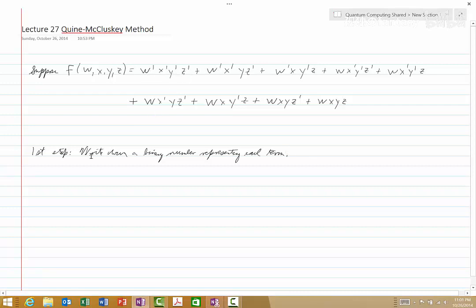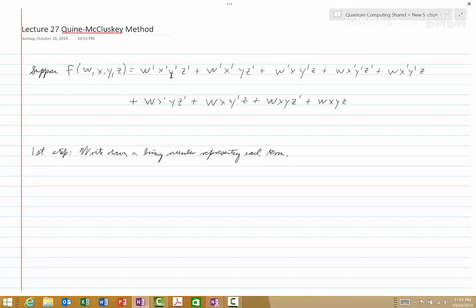And so really, even prior to this first step, you want to make sure that your function is expressed as a sum of min-terms. And if you have some terms that are not min-terms, you can get min-terms from those by ANDing the expression with 1 written in a convenient fashion.